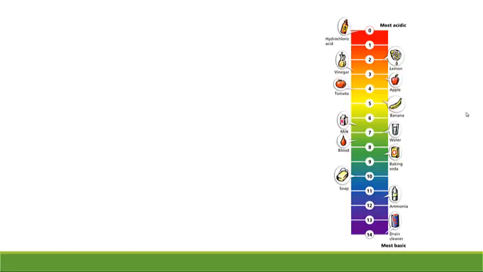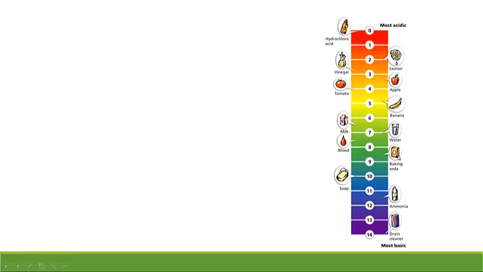So here's an example if we look over on the side. Things like hydrochloric acid can be 0. Lemon juice, which we would consume, has a pH of 2. Even tomatoes are 4. Some people have reactions to tomatoes because they're acidic. Milk is slightly acidic.